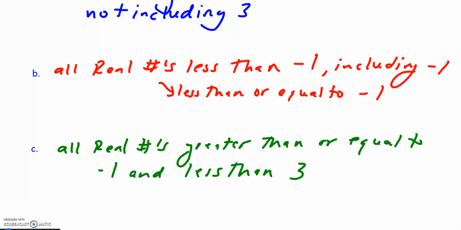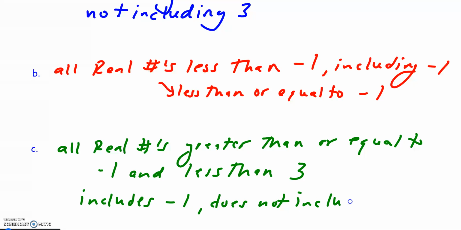And if you want to be more clear beyond that, you could say it includes -1, does not include 3. I would say that, honestly, this answer is perfectly fine. All real numbers less than or equal to -1, all real numbers greater than or equal to -1 and less than 3. I think that's completely acceptable, but again, this is if you want to be very clear.